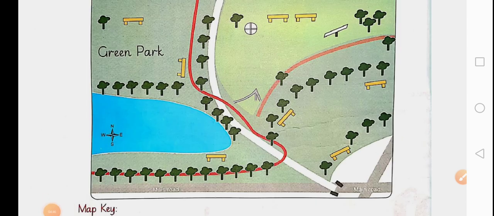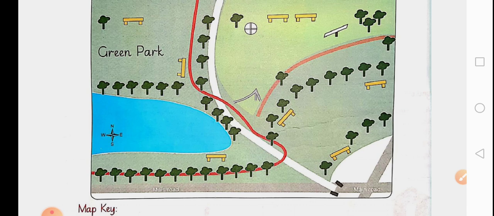Students, the next topic that we are going to address today is a key on the map. In our previous heading, we read that there are different symbols on the map. Now, whenever you are reading a map, there might be a few symbols that are new for you, and you might not know the meaning of those symbols.